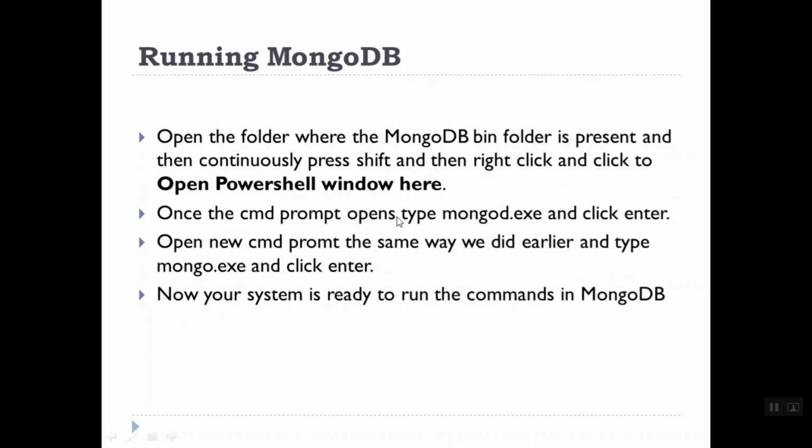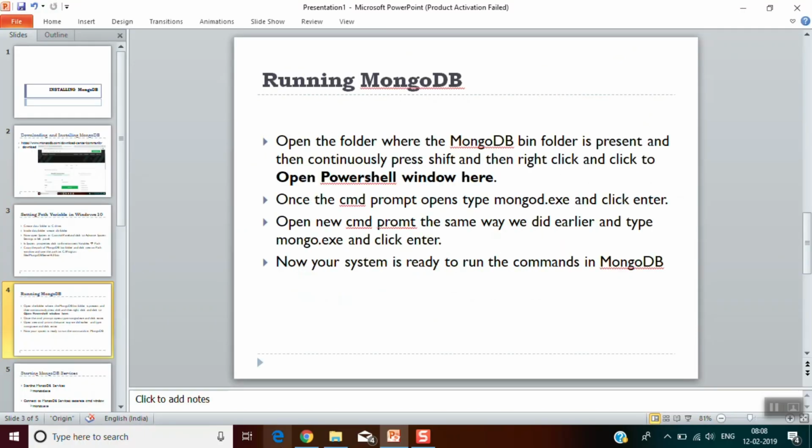After that, we again press Shift and right click, open the PowerShell window, and type mongo.exe. Once we do this, we are able to start MongoDB and we can start writing commands on it. So let's see how it works.